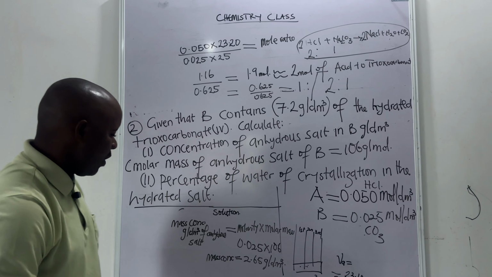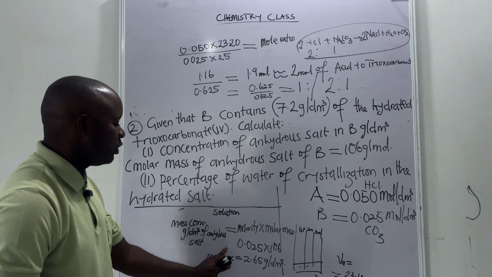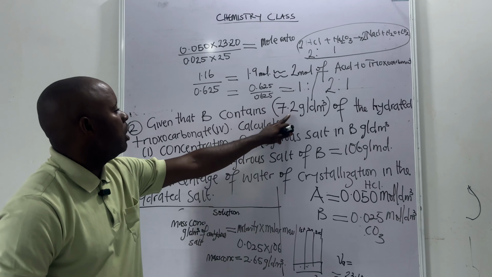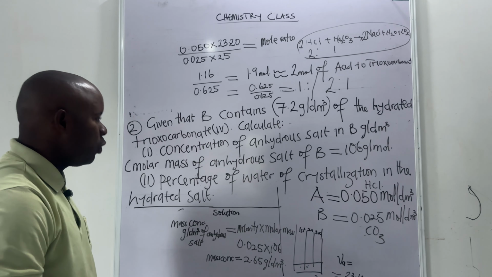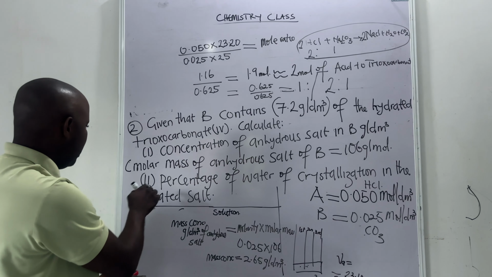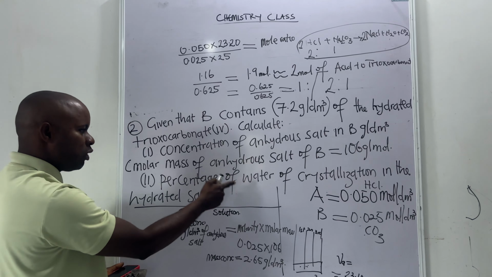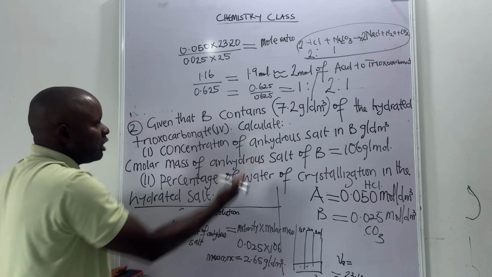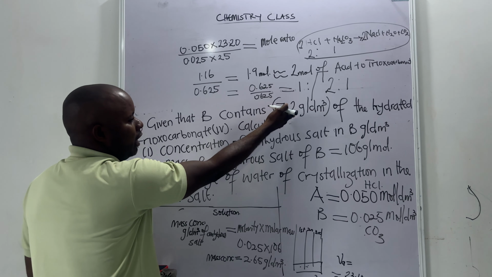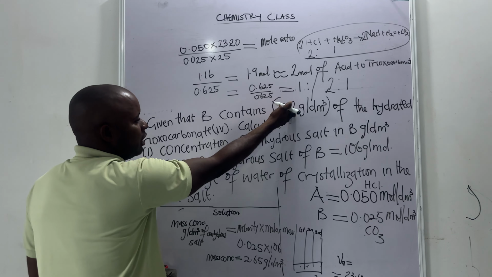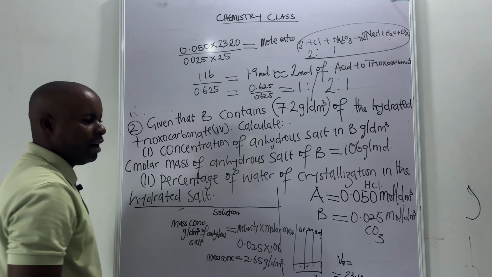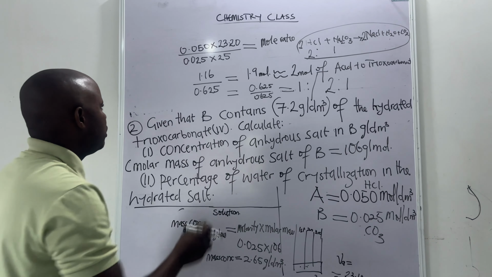So now we have the mass concentration of the anhydrous salt and the mass concentration of the hydrated salt. The mass of water of crystallization can be obtained by subtracting the mass of the anhydrous salt from the mass of the hydrated salt, so that we can have the percentage composition of each of them.